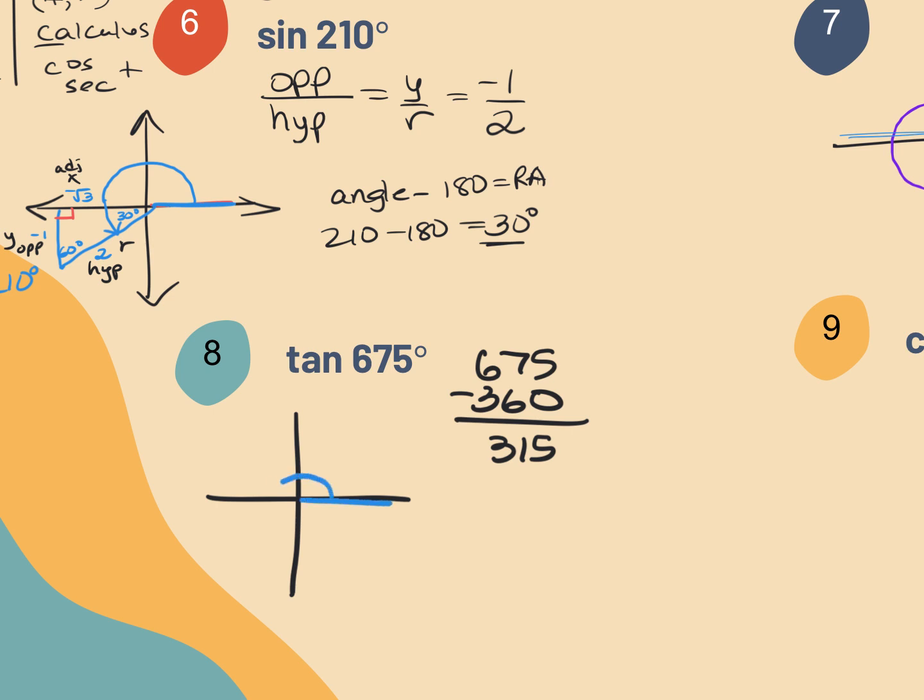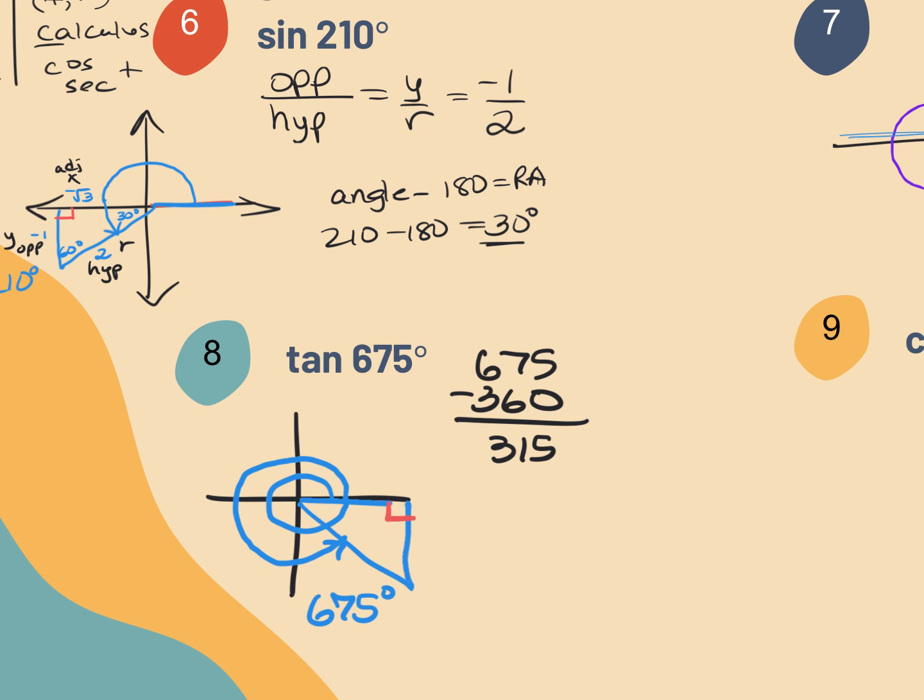I'm going to go around one full circle for 360, and then I have to go another 315 degrees. So 90, 180, 270, and then another 45 degrees to create the 675 degree angle.